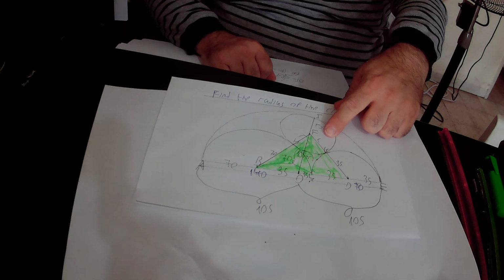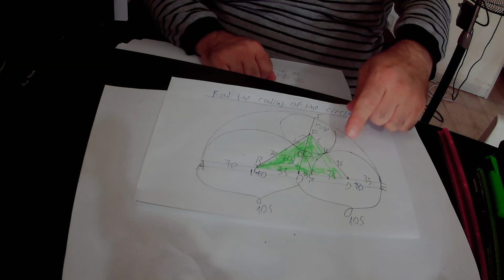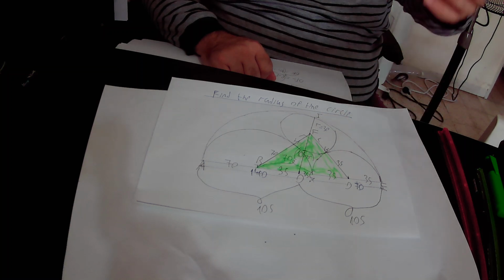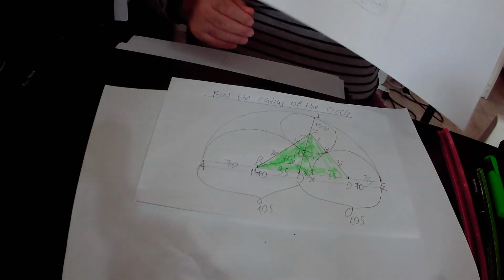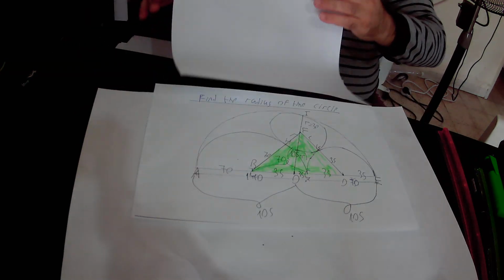The radius of this circle equals small r. The radius of the smallest semicircle equals 35. Therefore, FD equals 35 plus r units.